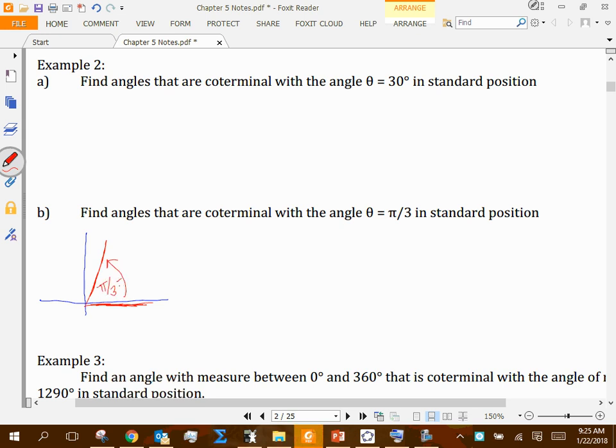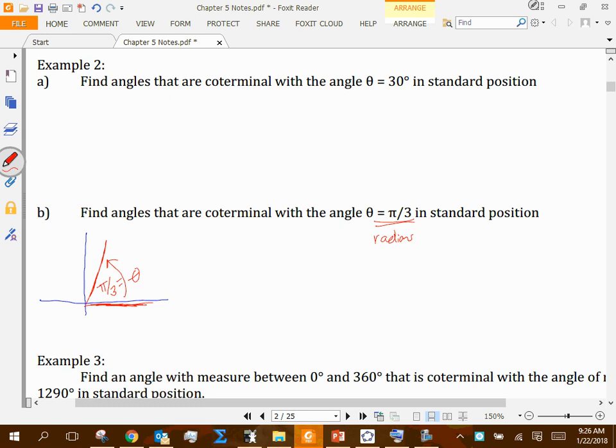That's my theta. So we're in radians. Remember, when the unit is not written, it is understood to be radians. They'll never write pi over 3 degrees. It doesn't make sense to write it that way.